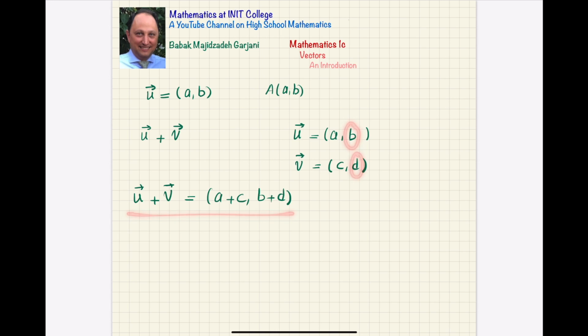Is it natural, by the way? I have already defined that for you. For example, I have u equal to 1 and 2, and then v is, for example, 2 and 3. What is u plus v? It is 3 and 5.